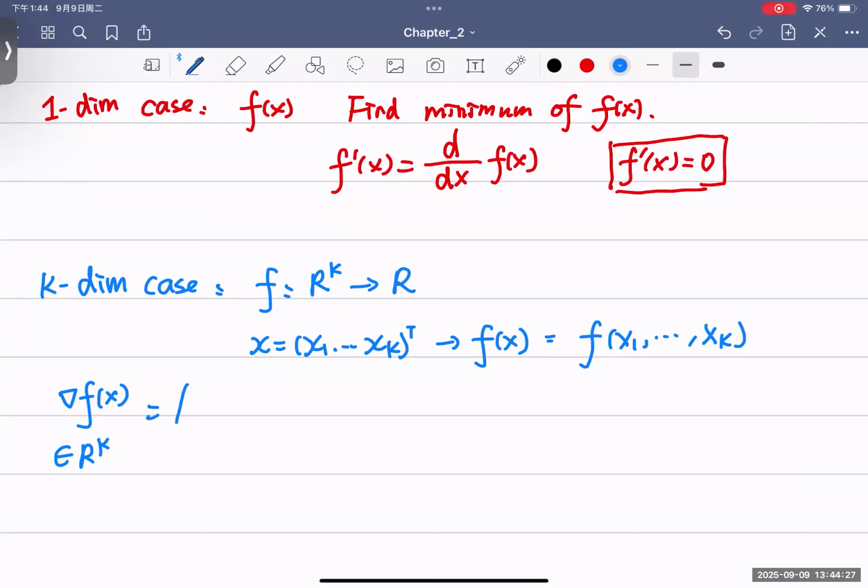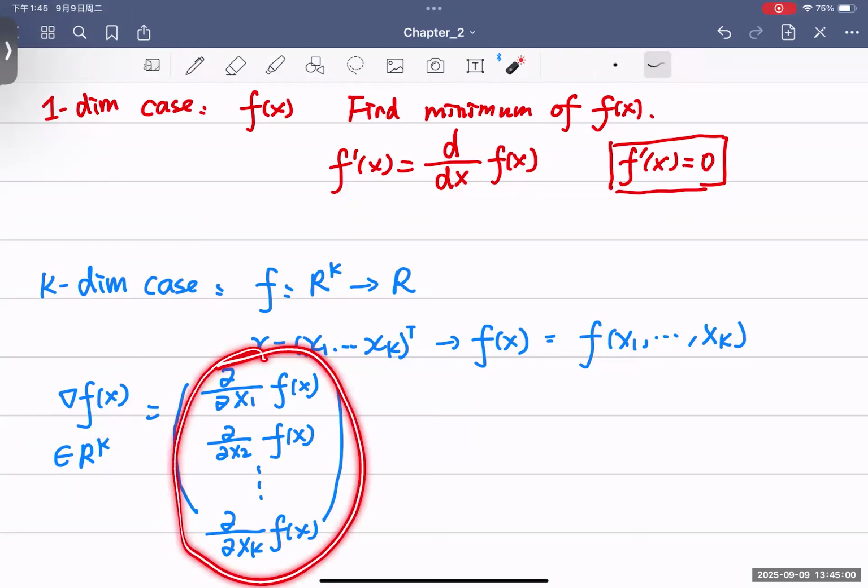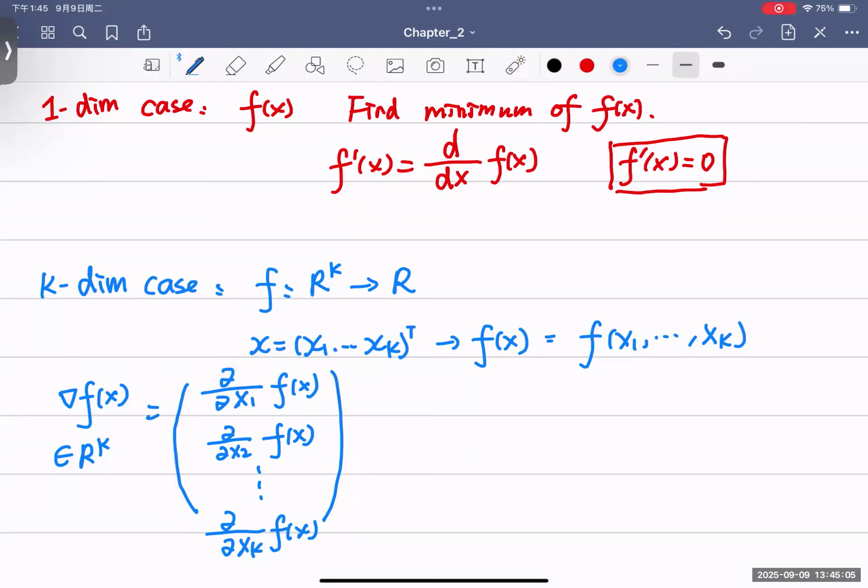The first element is the partial derivative of f over the first x, the second element is the partial derivative over x2, and the last one is for the last element. Now we have our gradient, nabla f(x), and it plays the same role: we want nabla f(x) equal to 0.